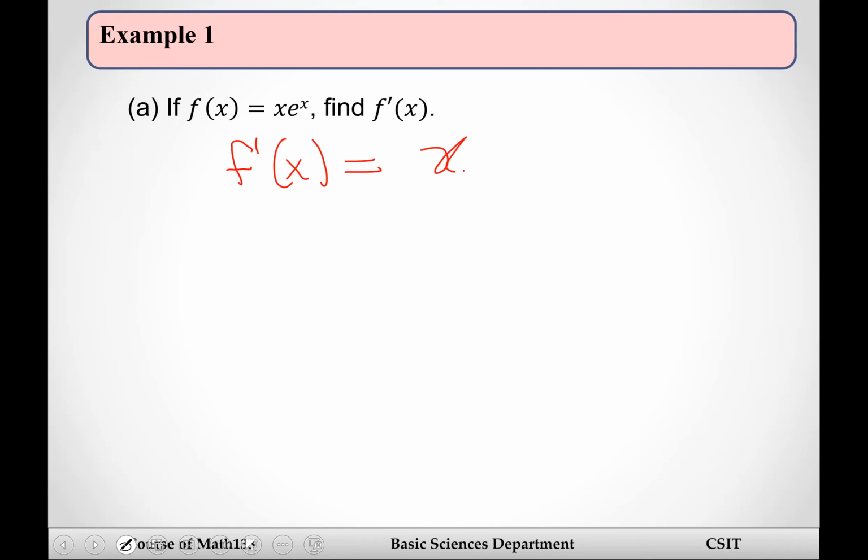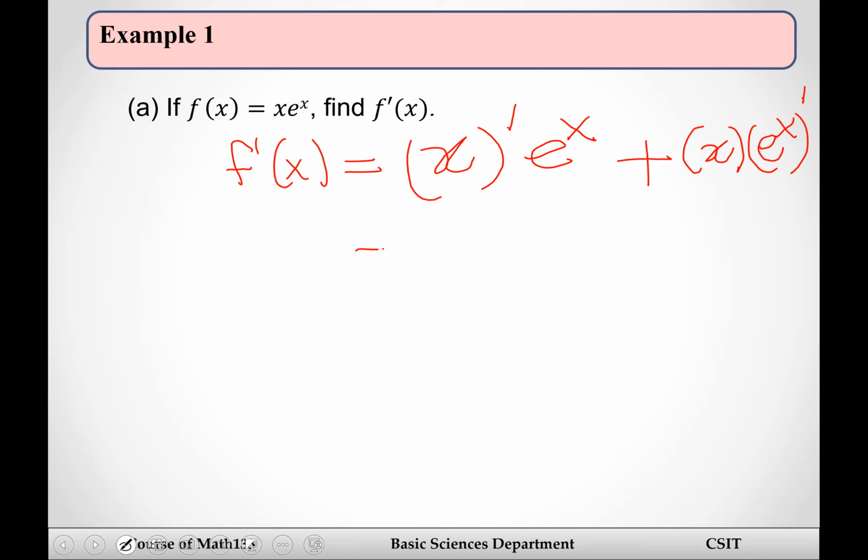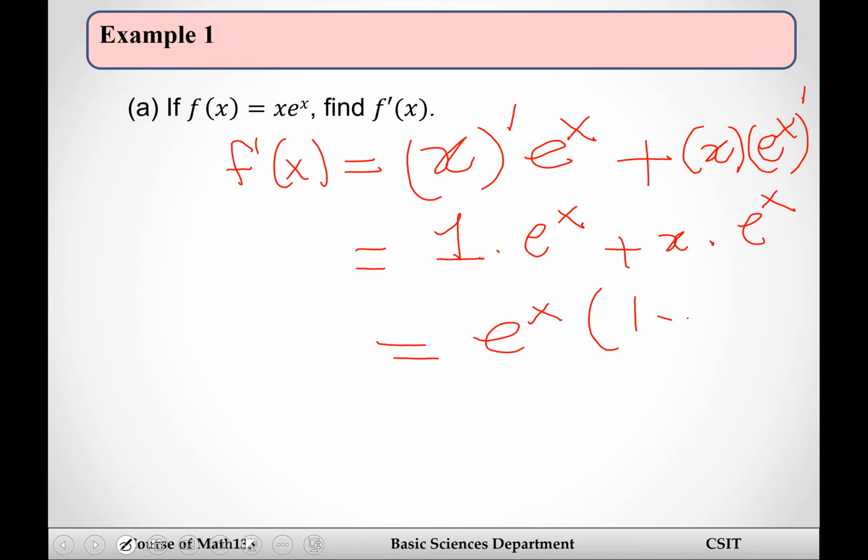So it's the one of them derivative, times the other without derivative, plus the first one without derivative times the second one derivative. The derivative of x is equal to 1. So 1 times e to the x plus x times the derivative of e to the x, which is itself, the same thing, e to the x. So I can write e to the x as a common factor, 1 plus x, and this is my derivative.